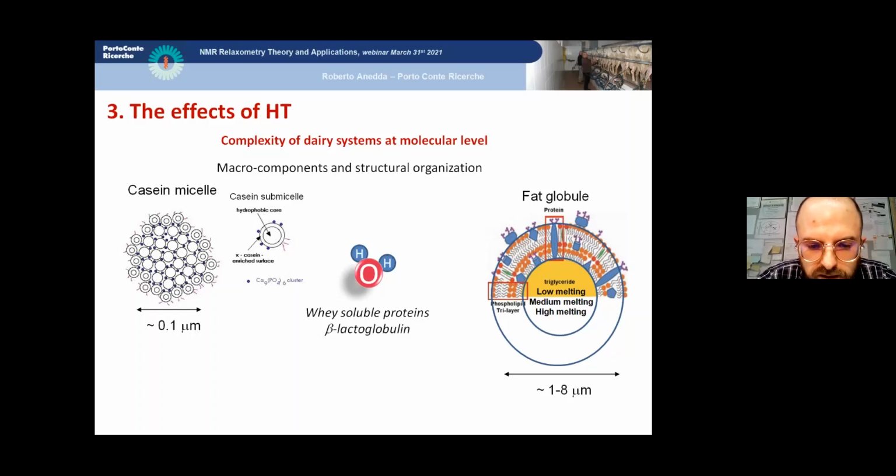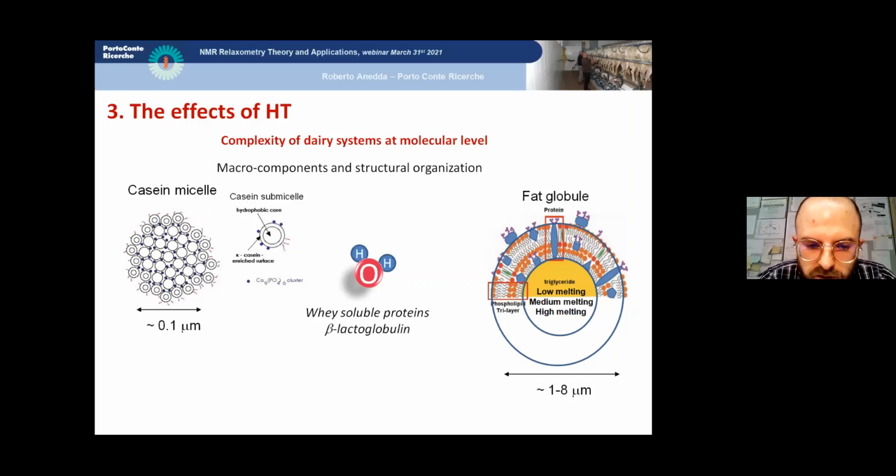The molecular mechanisms that have been characterized in solutions of pure proteins, triglycerides, that do not consider the substructure and the supramolecular structures are not able to precisely describe the whole picture of what happens in real dairy systems. Water is very important in NMR relaxometry of dairy products, as water molecules interact with the protein network and all other molecules in milk dispersions or in the cheese matrix.